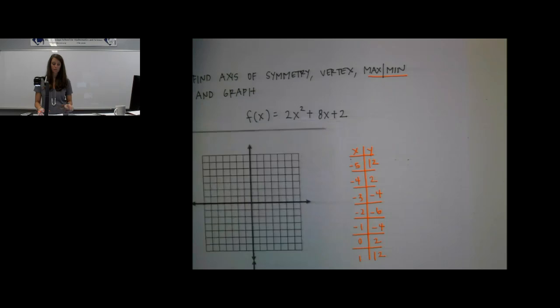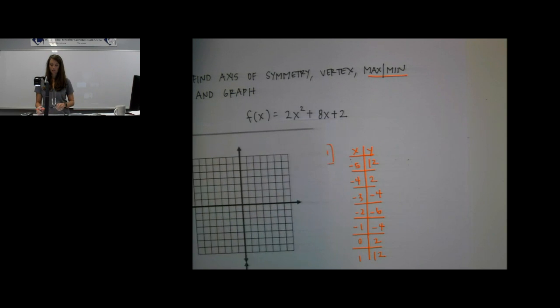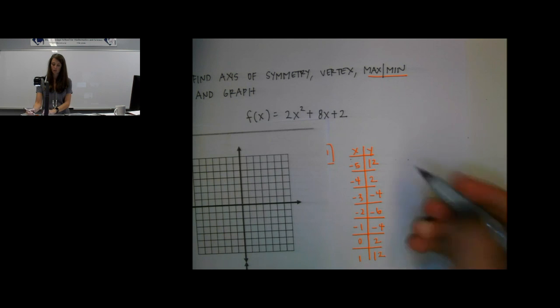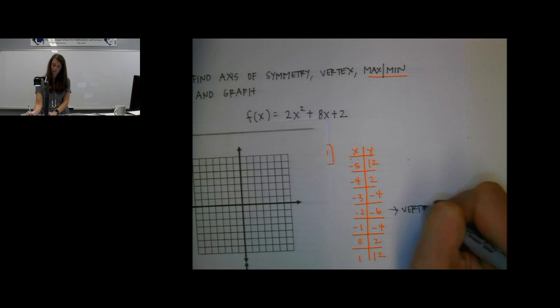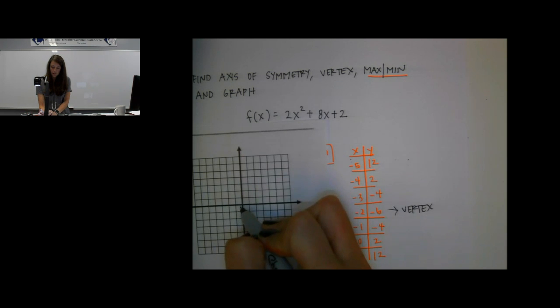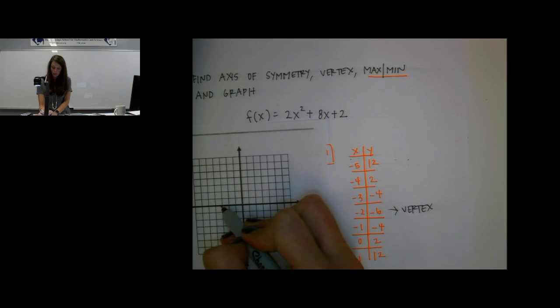Okay, so to graph this, I'm going to plot my vertex. I'm going to just do that one first. This one is your vertex, right? So negative 2, 1, 2, down 1, 2, 3, 4, 5, 6. Then at negative 3, you're going to be at negative 4, so 1, 2, 3, 4.